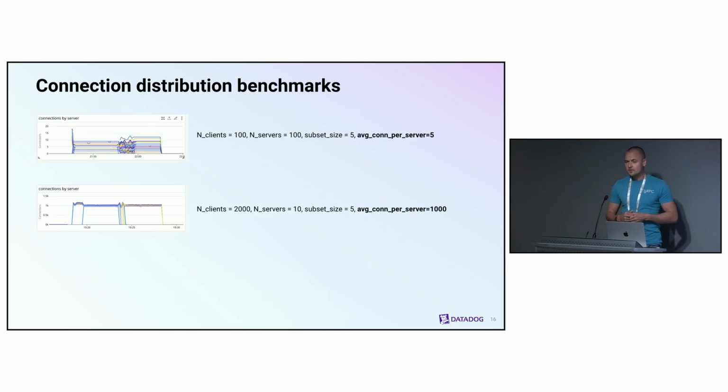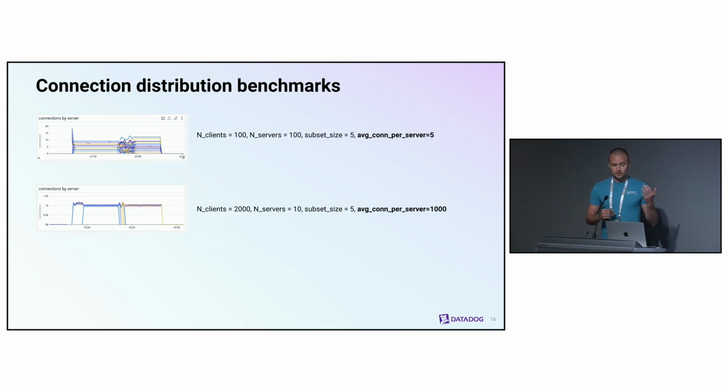So this diagram illustrates the effect of tuning different subsetting parameters and what resulting connection distributions we are going to have. So the main takeaway from this slide is that the amount of imbalance you are going to have is directly correlated with the average number of connections your servers expect.